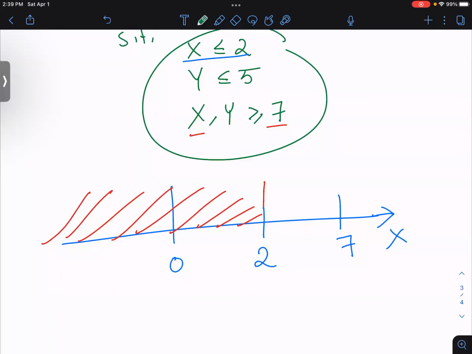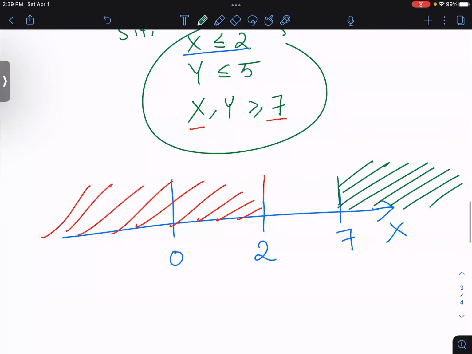So what does it mean? That means that x needs to be beyond 7, which means that x needs to be somewhere here. So now notice there is no way you can satisfy both the constraints, right? There is no region where I'm crossing with the red marker as well as the green marker.